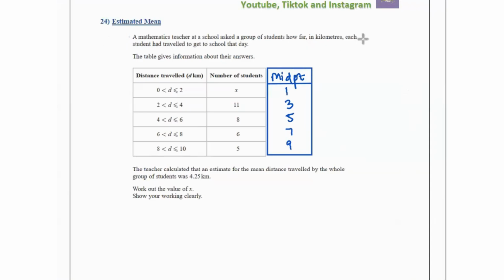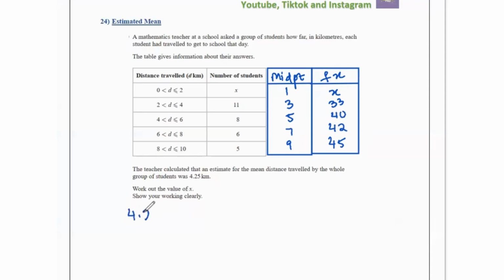After that, we multiply the frequency values with the x values to find fx. So that's going to be x, 33, 40, 42, and 45. So this is going to be added up to give us the numerator.